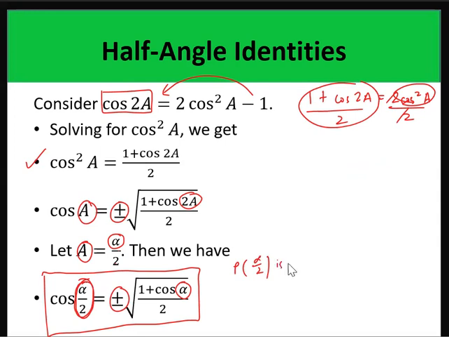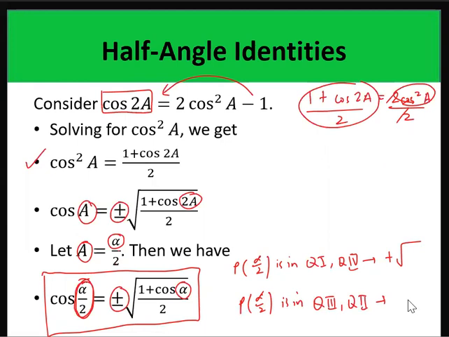If the terminal point of alpha over 2 is in quadrant 1 or 4, then we have to use the positive square root. Now, if the terminal point of alpha over 2 is in quadrant 3 or 2, then we have to use the negative square root. It's because cosine is positive in quadrants 1 and 4, and cosine is negative in quadrants 3 and 2.